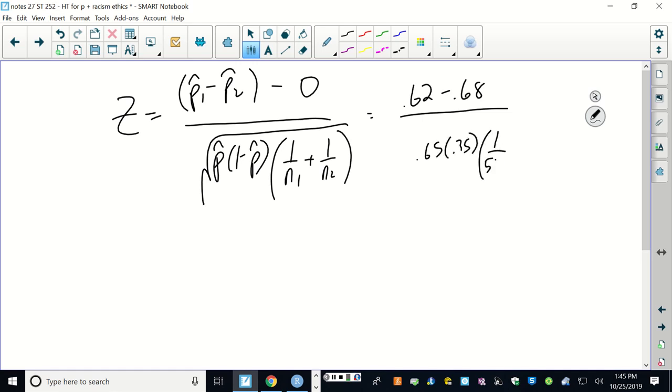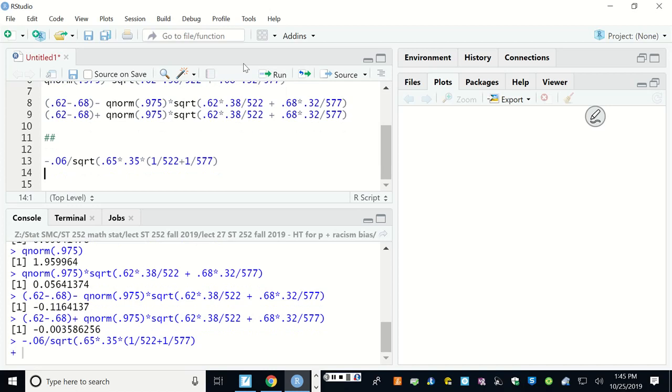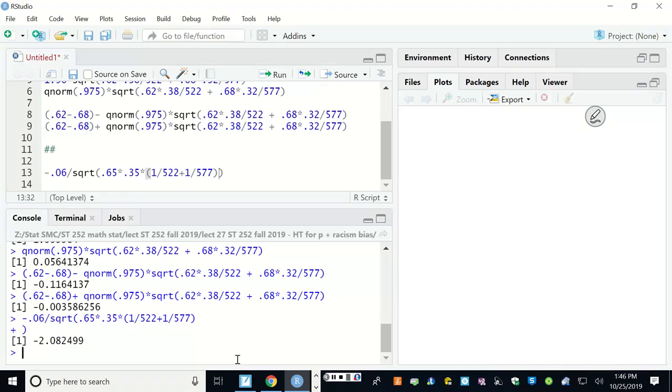And there's 1 over 552, 522, 1 over 577, and then the square root of all that. Right. So that's our hypothesis test value. And I've typed that into here in R. And so that, one more bracket down here, a negative 2.08.